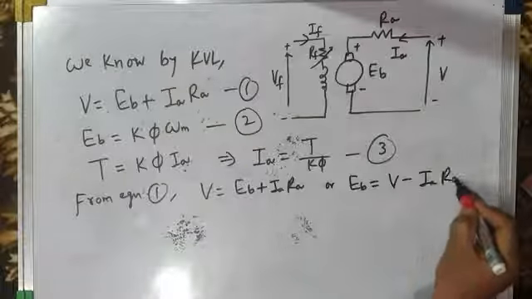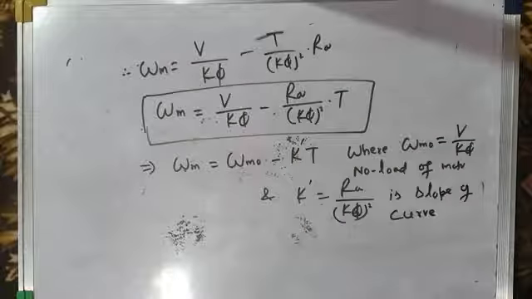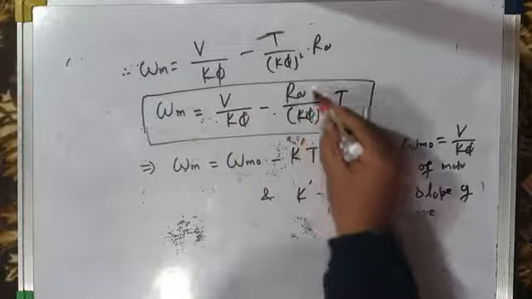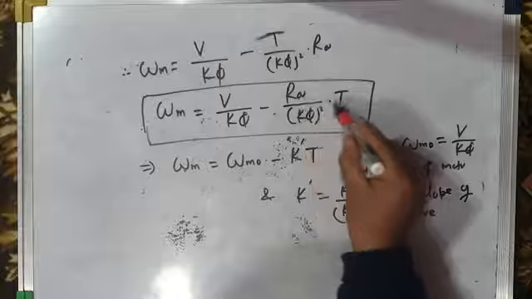And K dash is equal to Ra by K phi whole square, which is the slope of the curve. Whatever torque speed characteristic curve you will get from here, the slope is given by Ra by K phi whole square. So this is the no load speed, and this is the slope of the curve multiplied by torque.